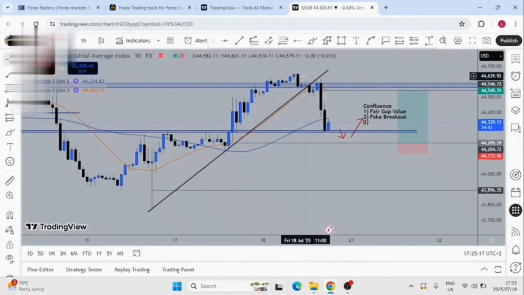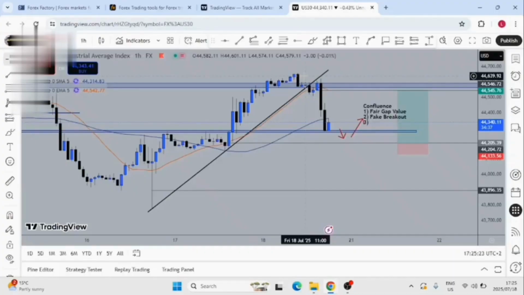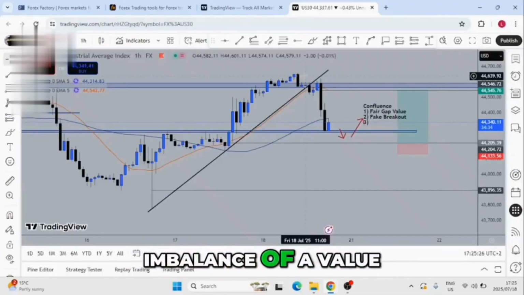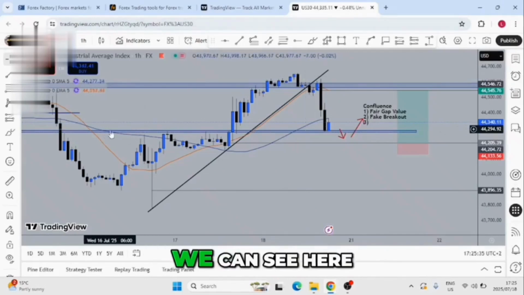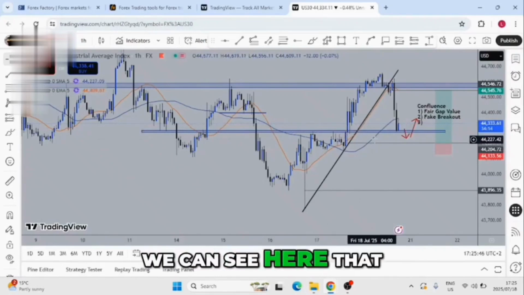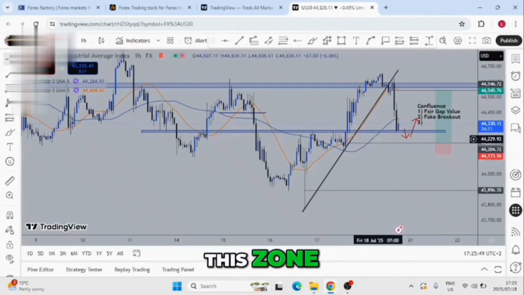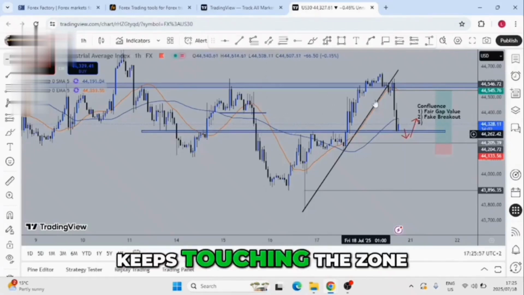So I was like, okay, cool, this is what I'm gonna do. I'm gonna look for an imbalance or fair value gap where price might stop. For example, you can see here that this zone right here, price keeps touching this zone.